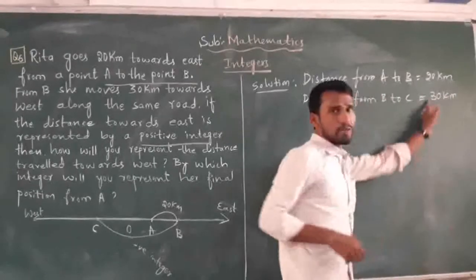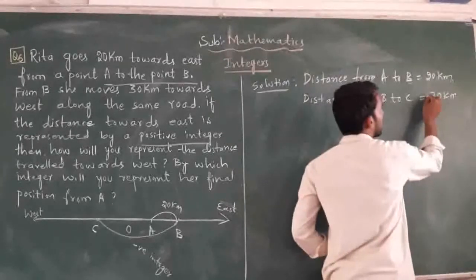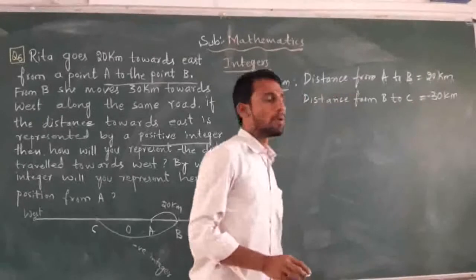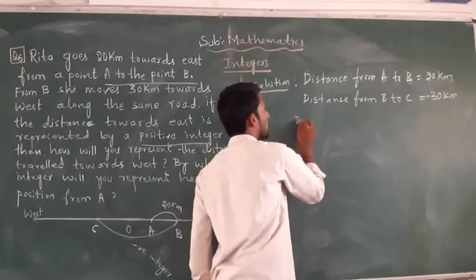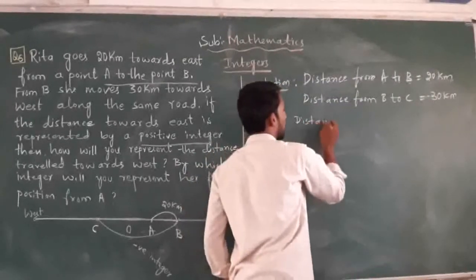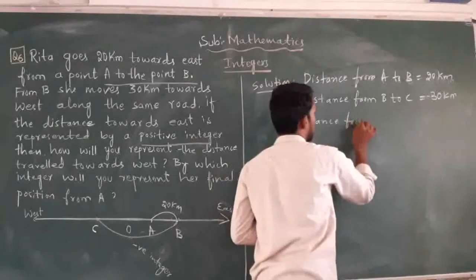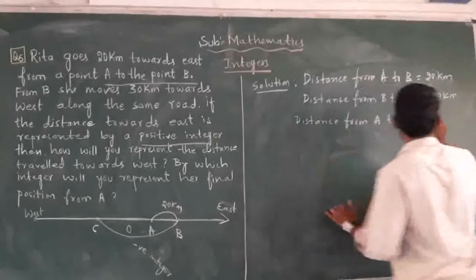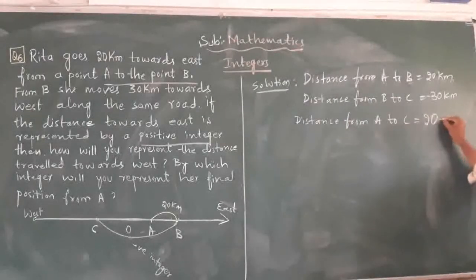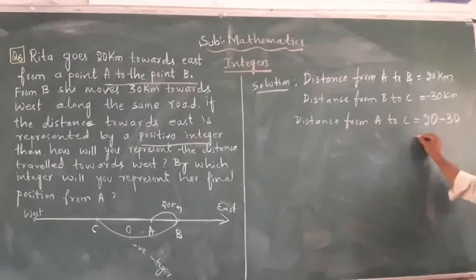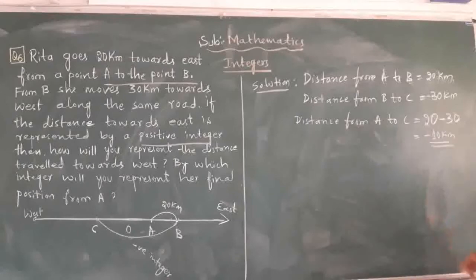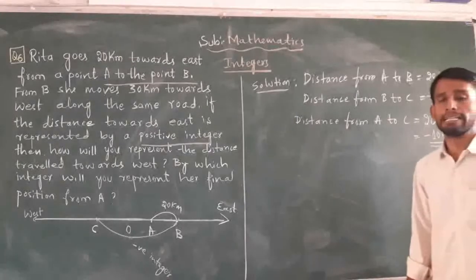This 30 kilometer I am taking as a negative integer. This is the negative integer, this is the positive integer. We have to find out the distance from A to C. 20 minus 30. Final answer is minus 10 kilometer. This is the final position of Rita.